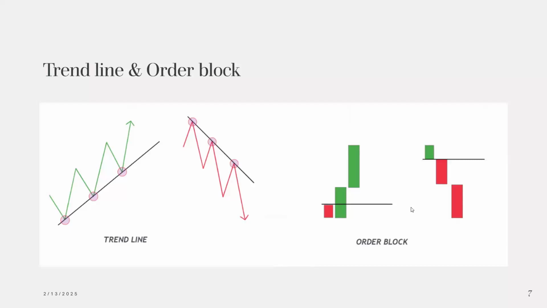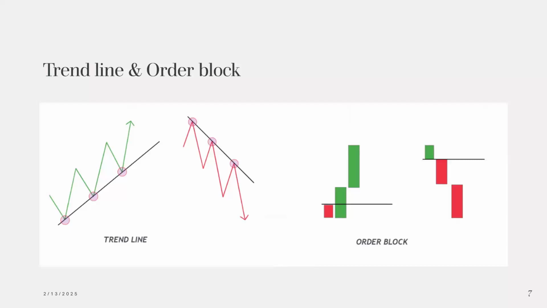Now, order block. Order block is something. When you come into this forex trading, some people claim to be retail traders, which is using support and resistance, and then trend lines, candlesticks.